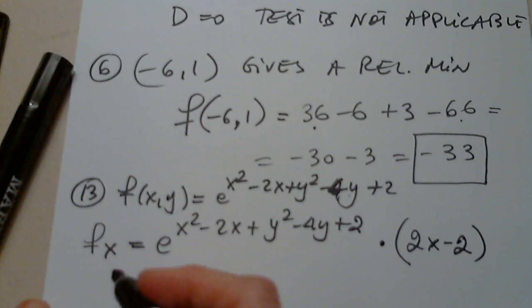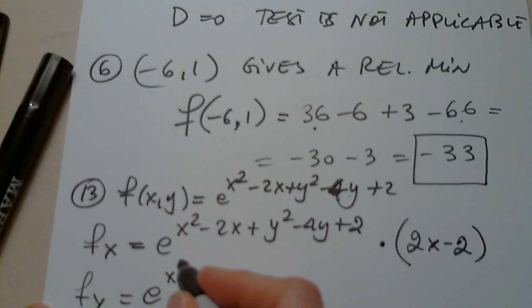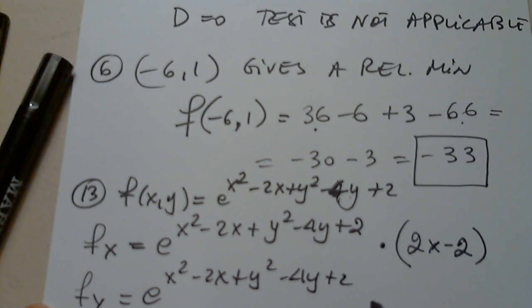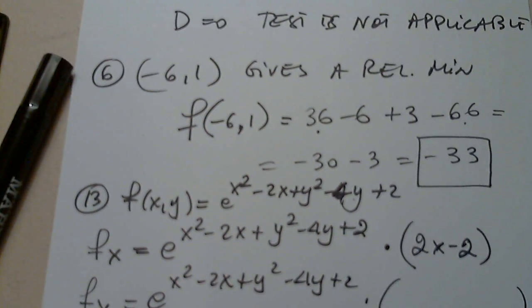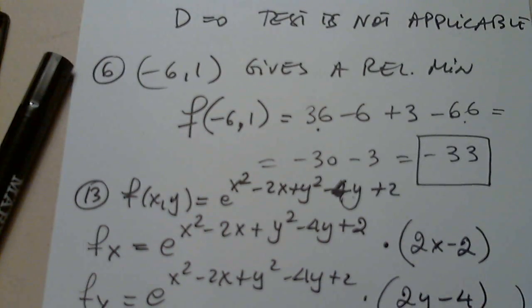Good. Let's determine fy. Same thing, e to the function, I have to copy it, times the inner function prime. But now we differentiate with respect to y only. Two y minus 4. So it is 2y minus 4 indeed.